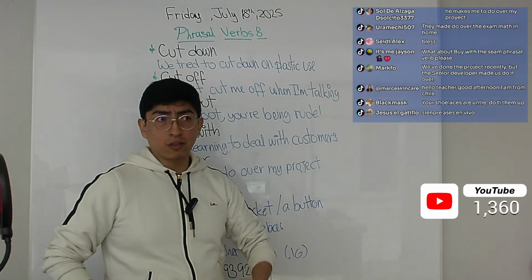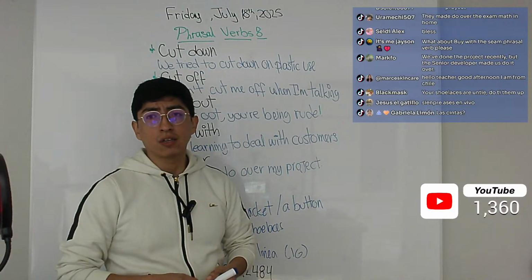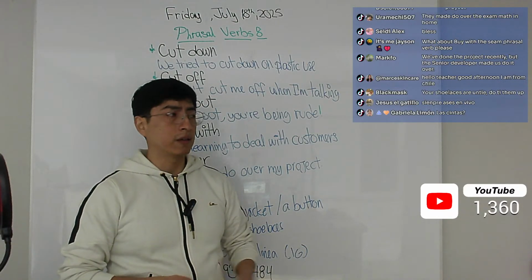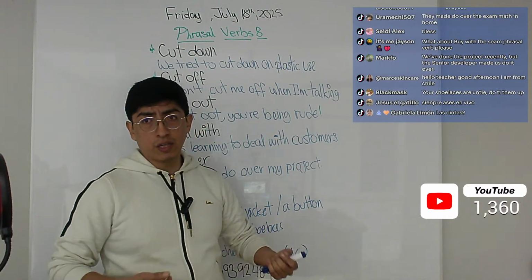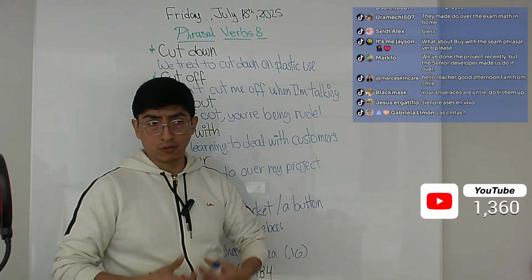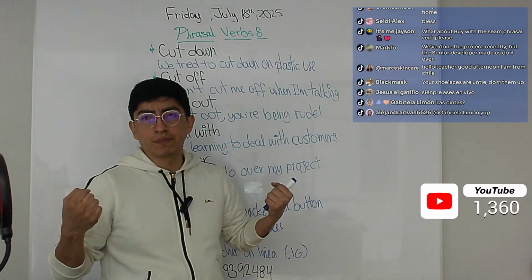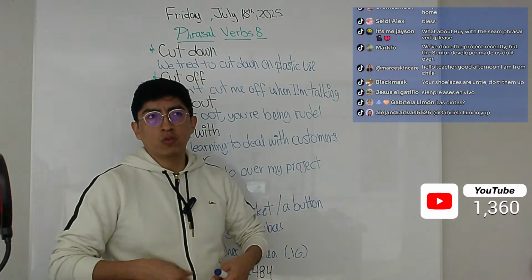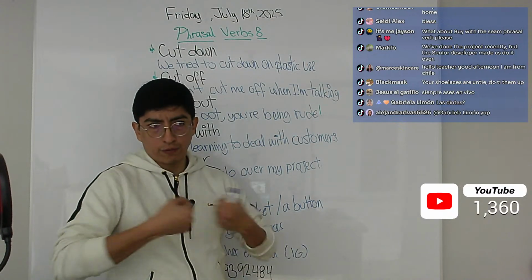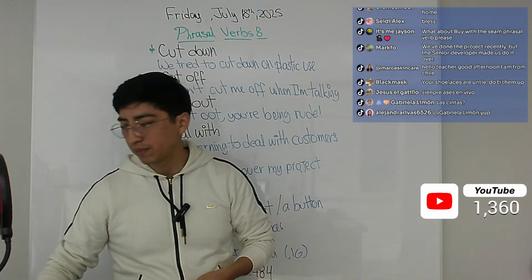All the buttons are in the correct place, but there is one that is not. So you can say, hey, do up your button, or do up your buttons. Why is your shirt open? So do it up. You have to close it. You have to put the buttons in the correct place.